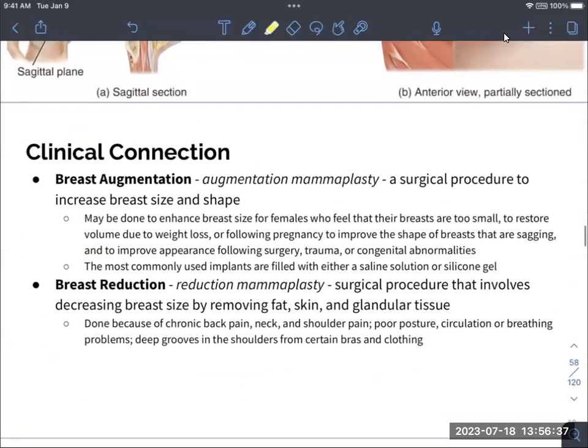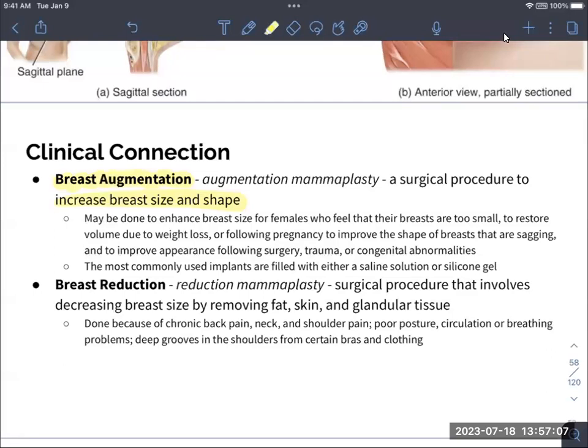Breast augmentation. This is where breast size can be increased. Augmentation is an increase. It can be done for females who are not happy with their breast size. It can help to restore volume during weight loss, following a pregnancy, or to lift.